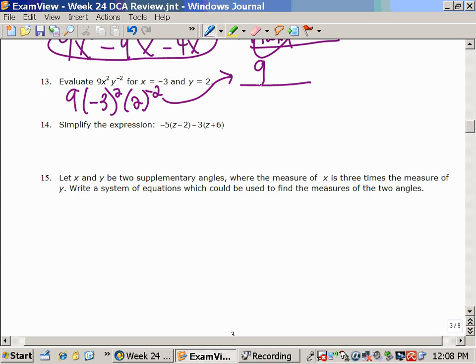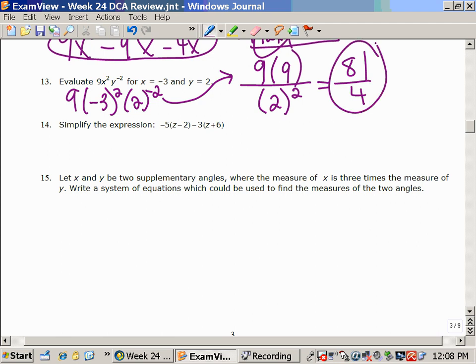It's positive, so that means it stays there. My negative 3 to the second is going to stay on the top. It's going to turn into a 9 because negative 3 times negative 3 is 9. My 2 to the negative 2 is going to switch to the denominator, changing it to the positive 2. Now I need to work that out, and that gives me 81 over 4. Final answer.